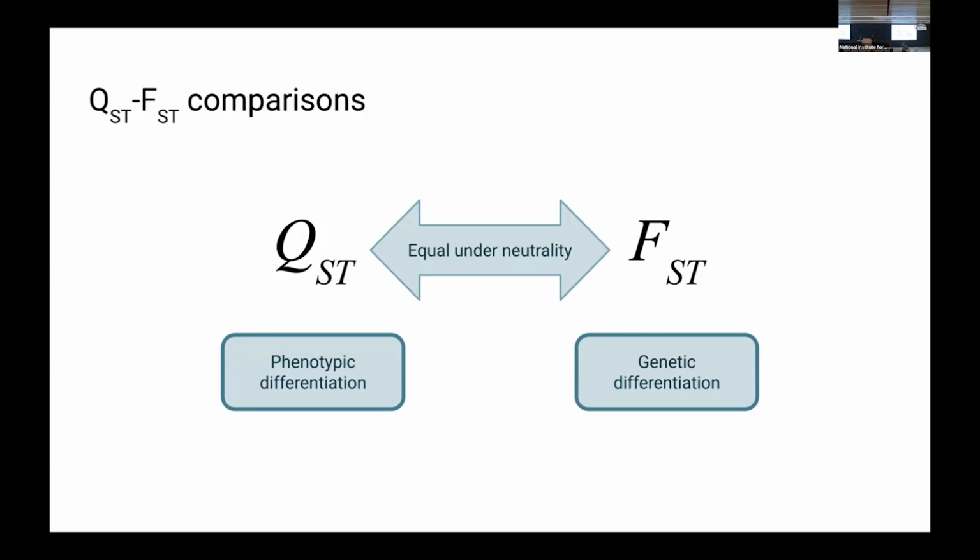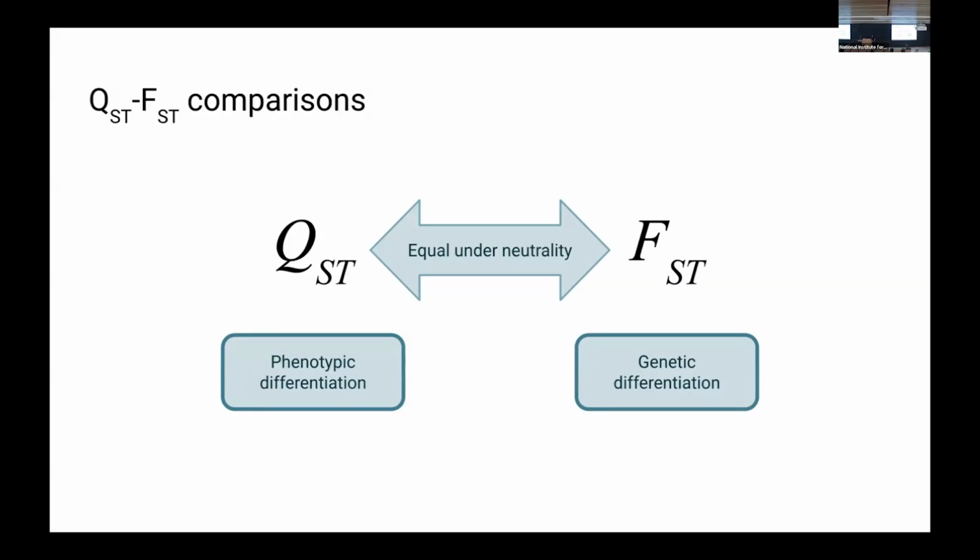FST can be used to learn about the null distribution of QST because we can use FST to learn the shared evolutionary history among different populations. In expectation, QST should be equal to FST under neutrality.